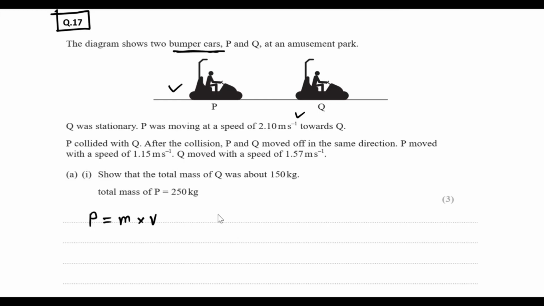So the momentum of the P bumper car is 250 kg into 2.10 meter per second. This is the initial momentum. That means total momentum before collision, because Q was at rest.